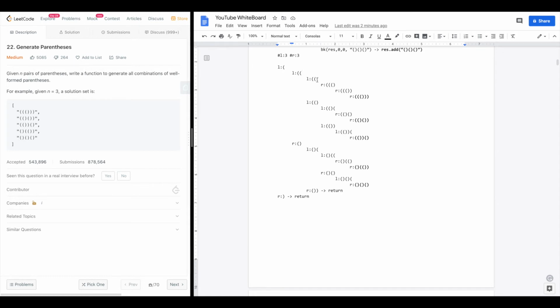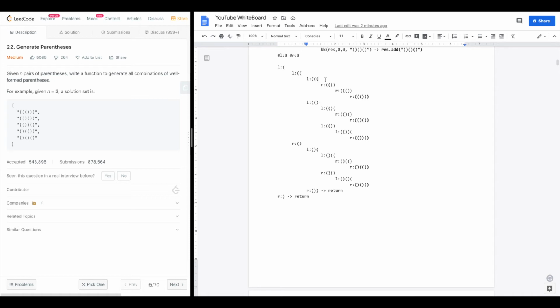This is a precondition for my backtracking, the rule to generate well-formed parentheses. And since we already got one solution, we come back over here.